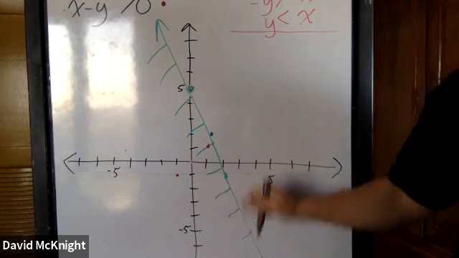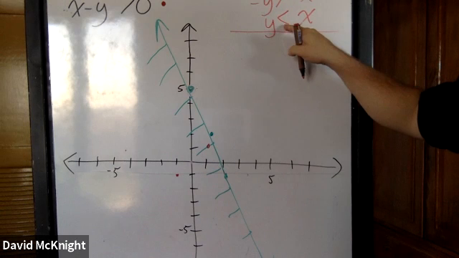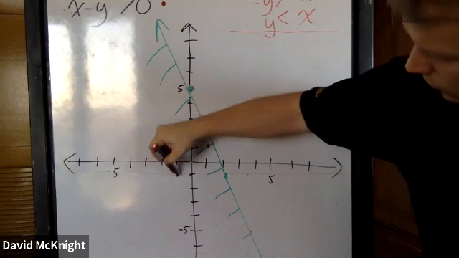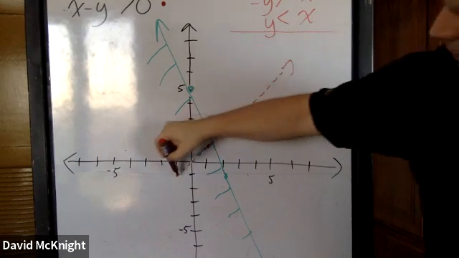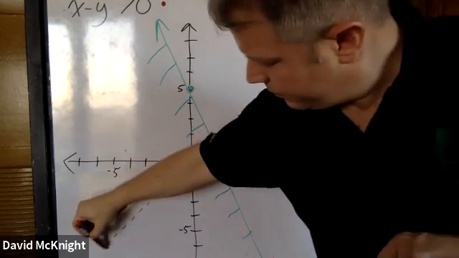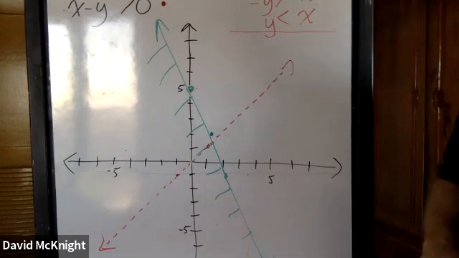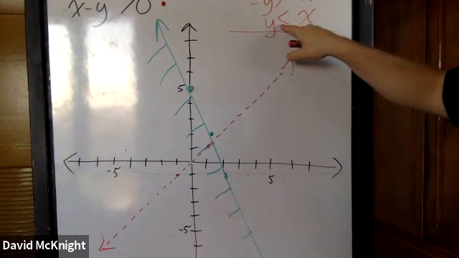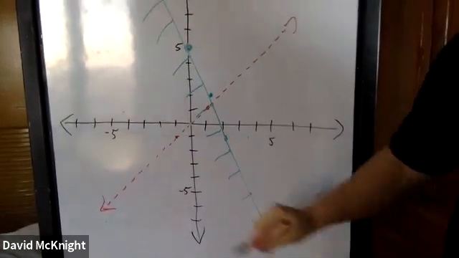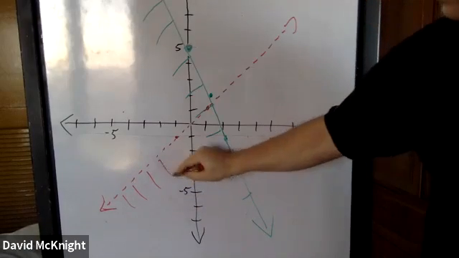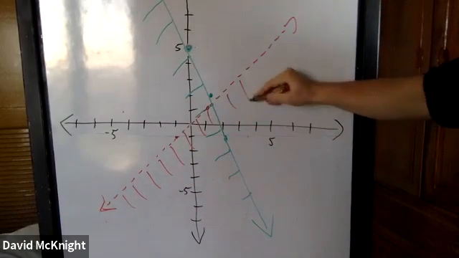And so we've got this, and it's going to be a dashed line. Okay. So it's going to go through the origin, like so. And where is it going to be shaded? Well, it's less than, so it's going to be shaded below the line, okay?